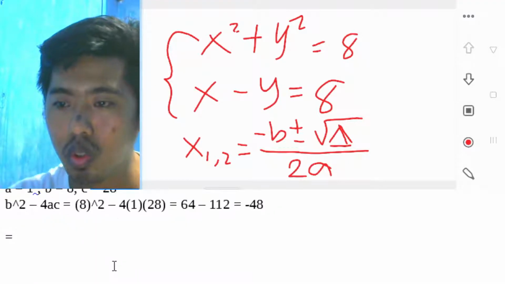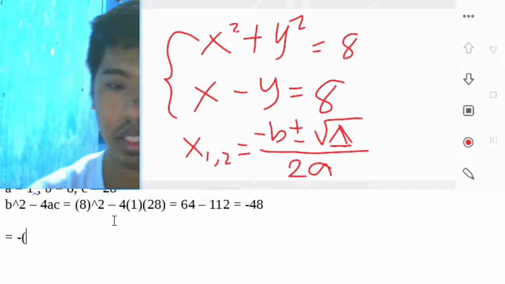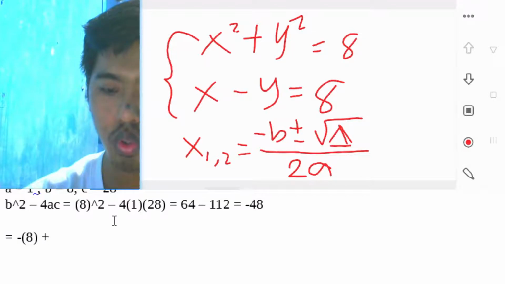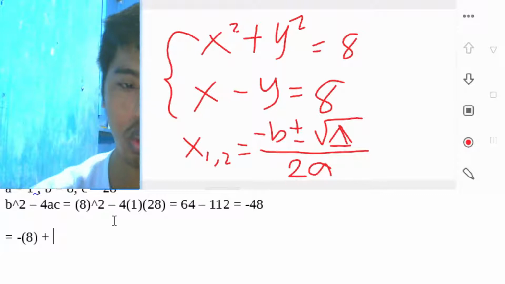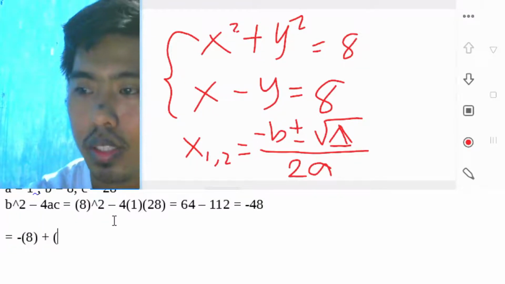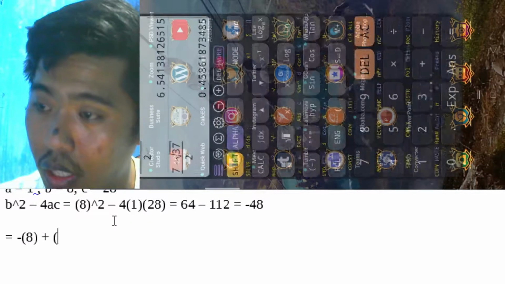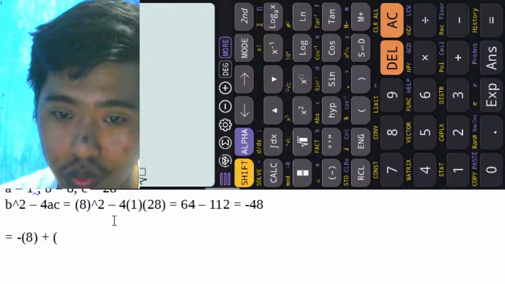Okay, so here, negative b, negative pila tong b, 8, negative b plus minus, so plus ta una, then after that una sa sunod is minus, so plus the square root of negative 48. So let's try to have in my calculator. Okay, as you can see, square root of negative 48.